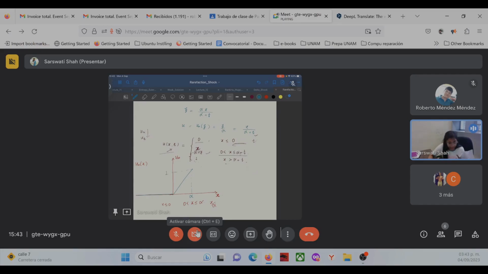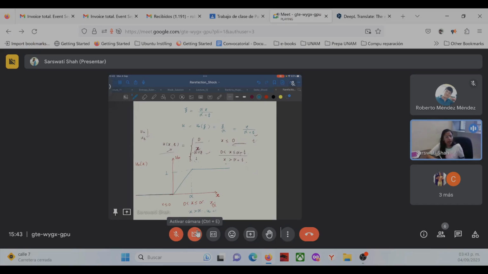And the third condition was x greater than alpha, u naught was 1. So again a straight line parallel to the x-axis. So this is the initial data which I am plotting.